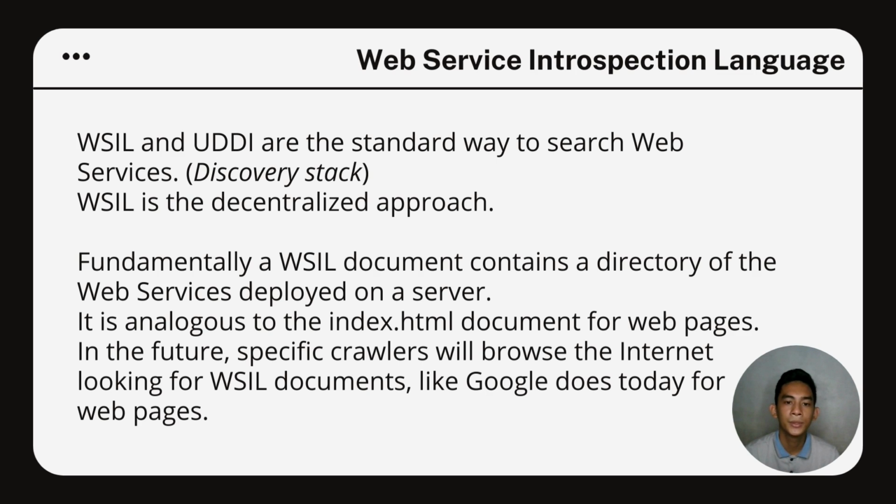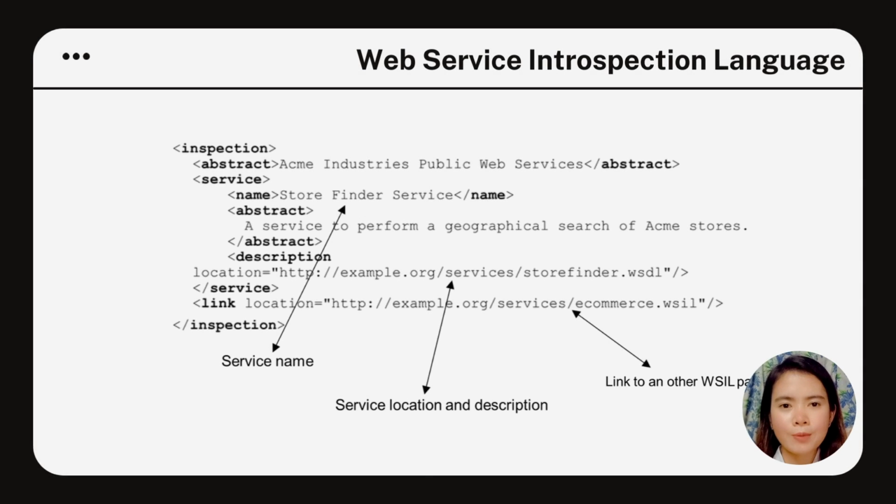It is analogous to the index.html document for web pages. In the future, specific crawlers will browse the internet looking for WSIL documents, like Google does today for web pages.